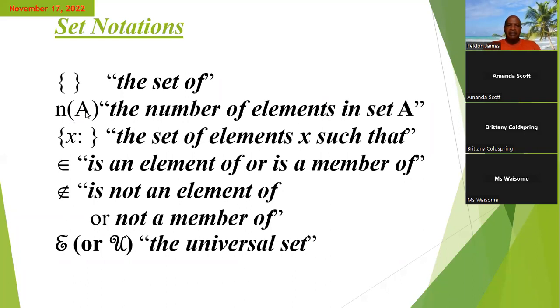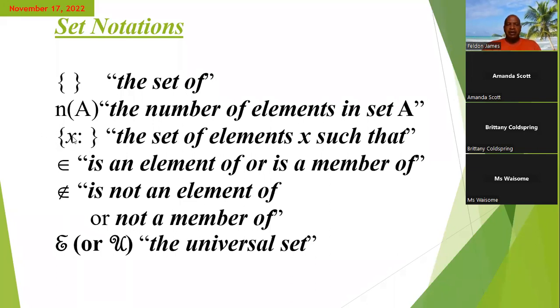So here we have capital A, so this is the set A. The n outside denotes the number of elements in the set A. So inside the brackets, A tells you the set, n outside tells you that you need to find the number of elements or the number of members in the set A, and you do so by simply counting them.